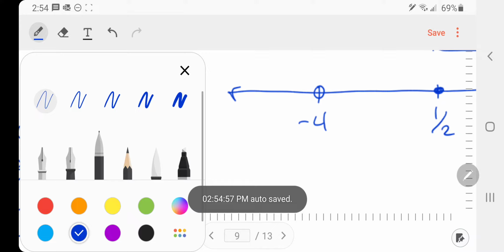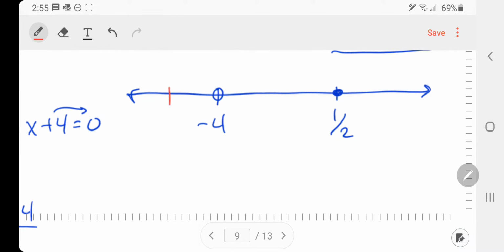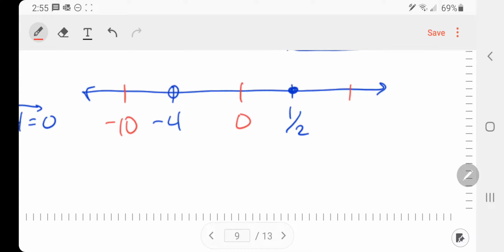Next step. To figure out which sections are shaded, we're going to need to pick test points. So I need a test point less than -4. Let's go big this time. -10. How about a number between -4 and +1/2? I'm going with 0. 0's always easy if it can be a test point, if it's not a critical point.